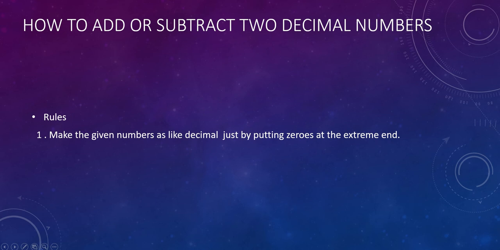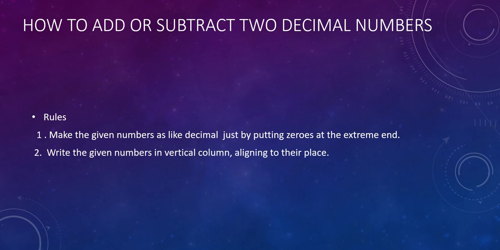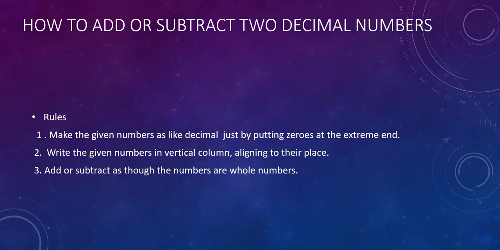Next rule is write the given numbers in vertical column aligning to their place. Means you have to arrange all the digits according to their place value. And then you have to add or subtract the given decimal numbers as if the numbers are whole numbers.